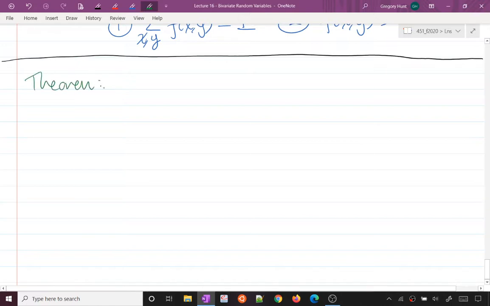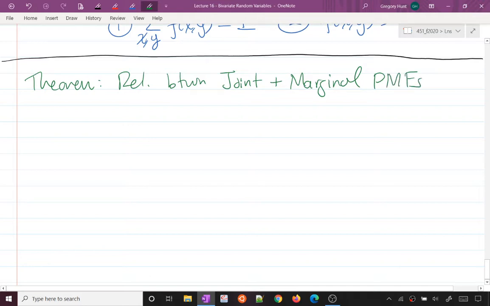And so we can write this down as a theorem. So let's say the relation between joint plus marginal PMFs. So this is where it starts to get kind of interesting.